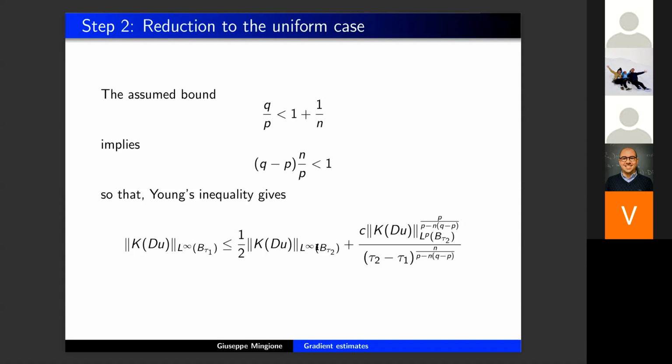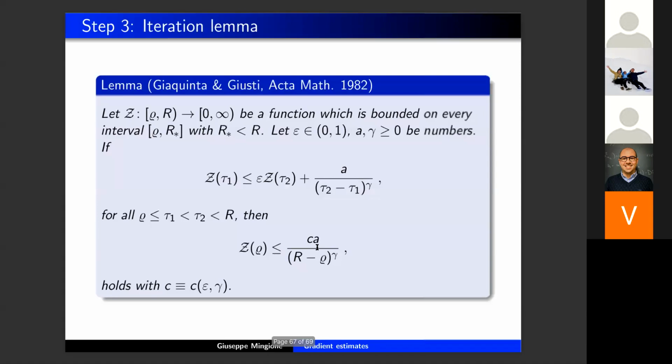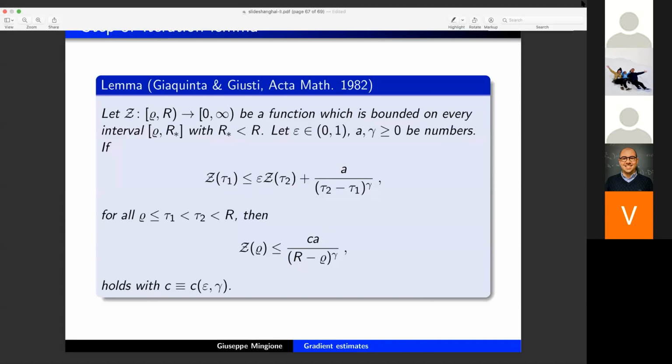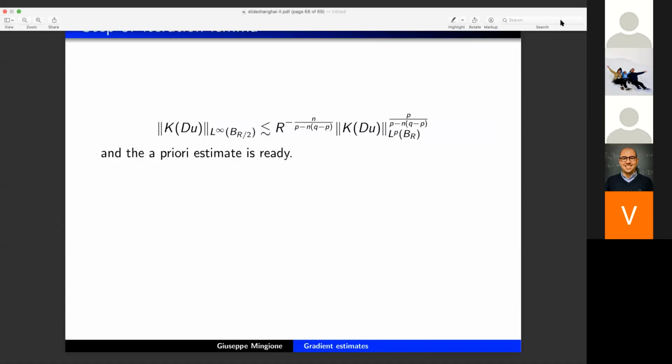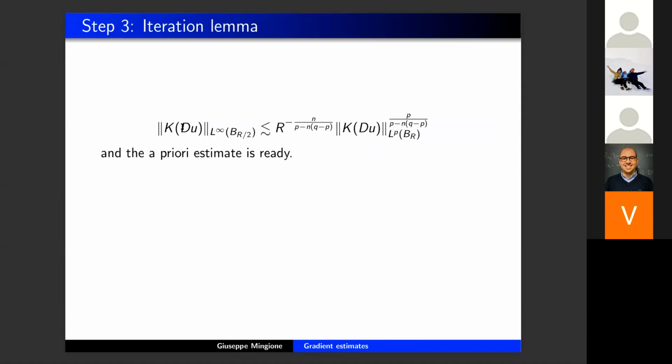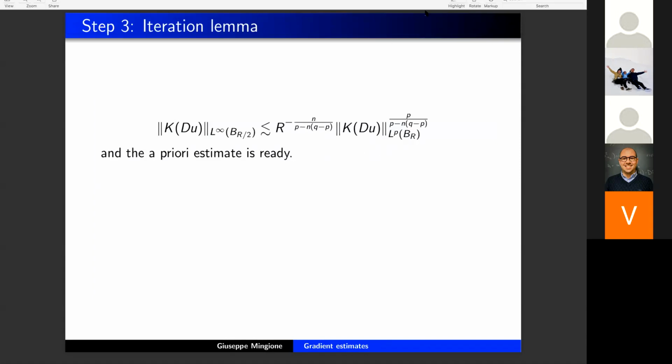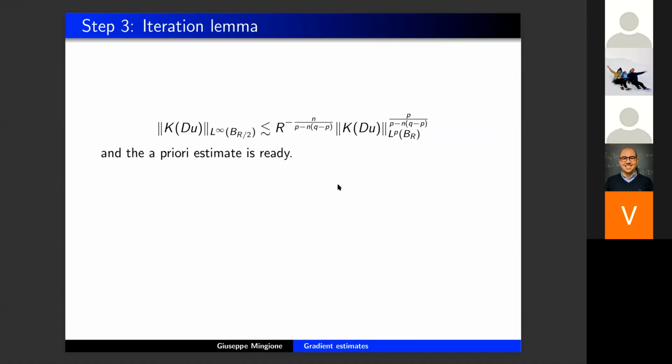So I did nothing, just applying the uniformly elliptic theory. And now I can recall a classical, so-called simple but fundamental lemma of Giusti, telling me that if I have this situation, I can reabsorb this by iteration. I can now apply this, and I'm done.